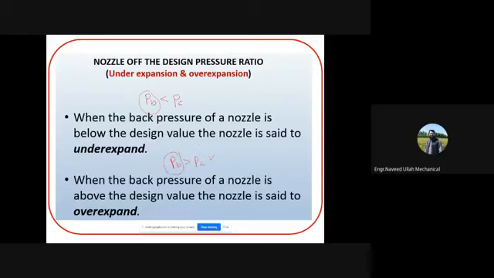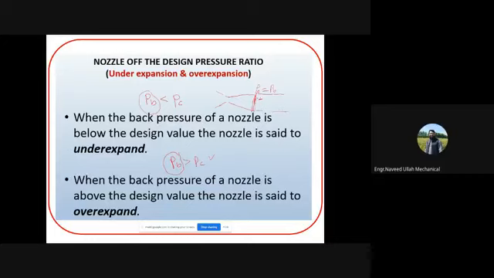Very simply speaking, for example, you can consider a convergent divergent nozzle. If the pressure at the exit, this pressure here, let's say the exit pressure, is equal to your back pressure, which is the pressure over here, your exhaust will be like this.